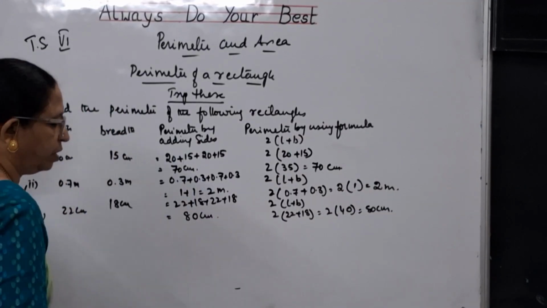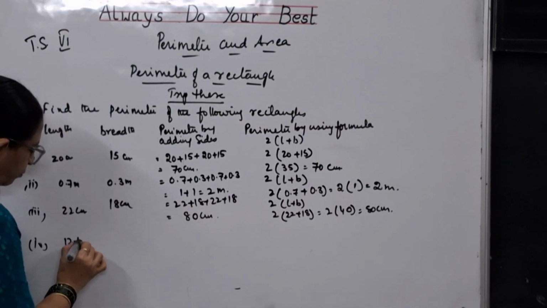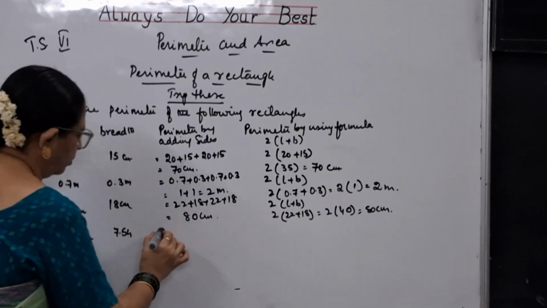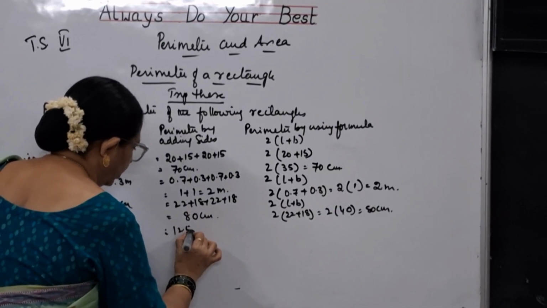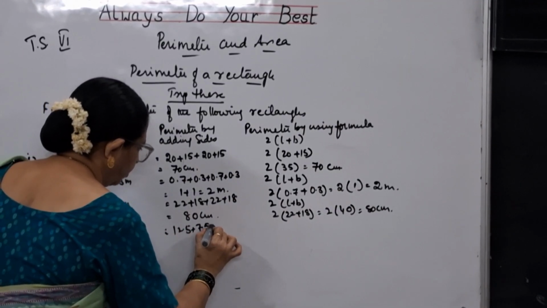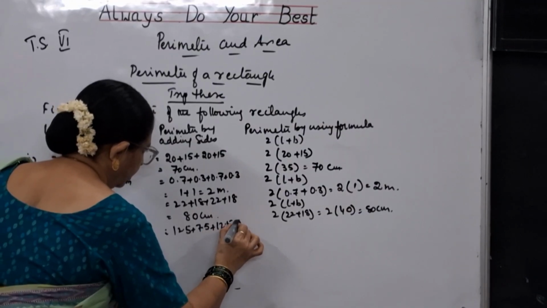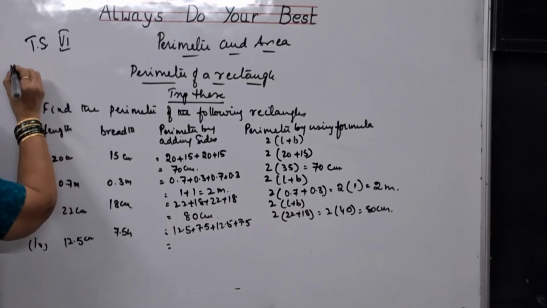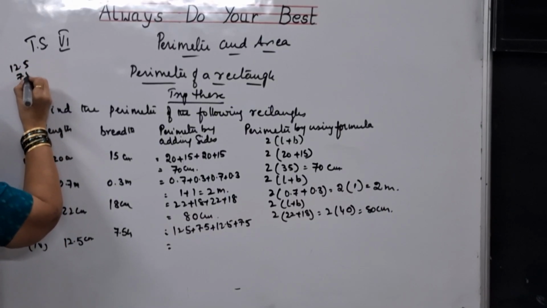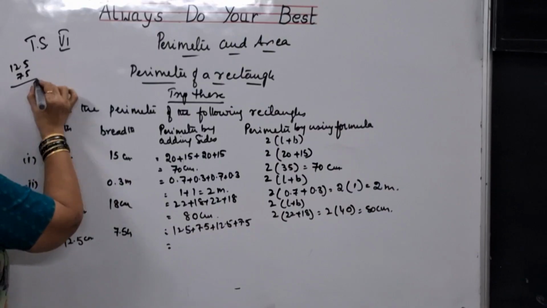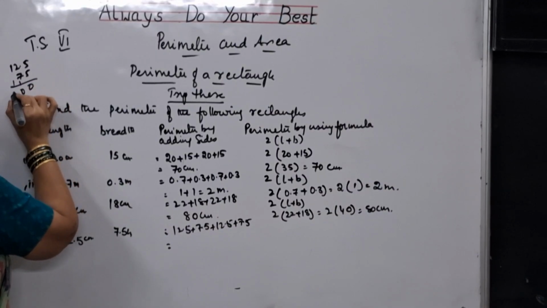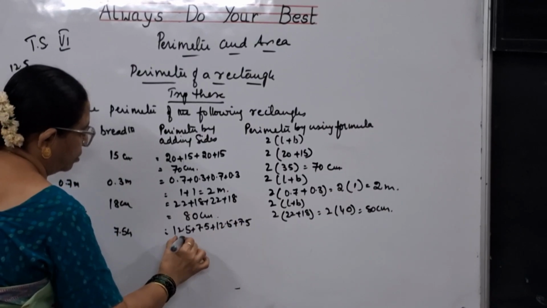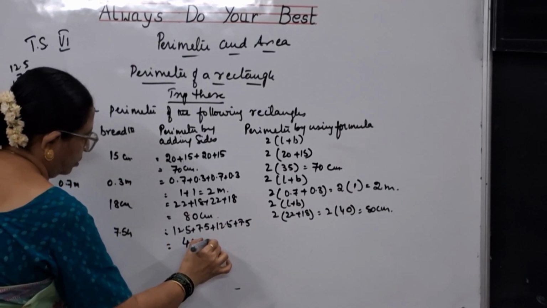Now, the fourth one, 12.5 centimeters, 7.5 centimeters. So you are getting 12.5 plus 7.5 plus 12.5 plus 7.5. Let us add 12.5 and 7.5. How much are you getting? 20. So this is 20 plus 20, that is 40 centimeters.